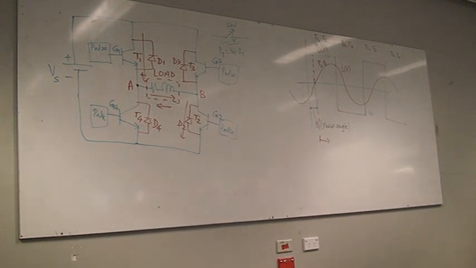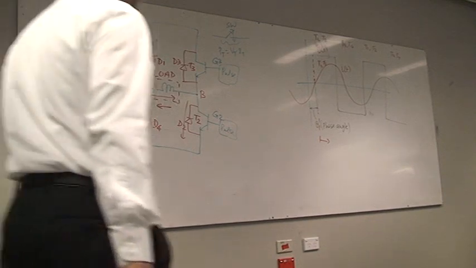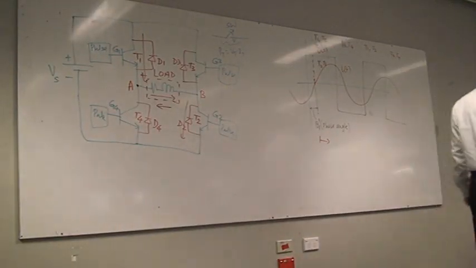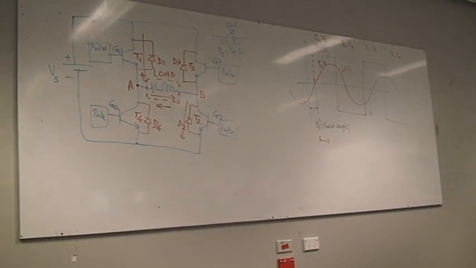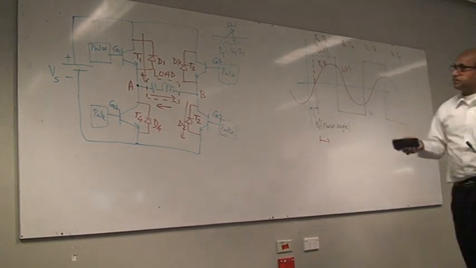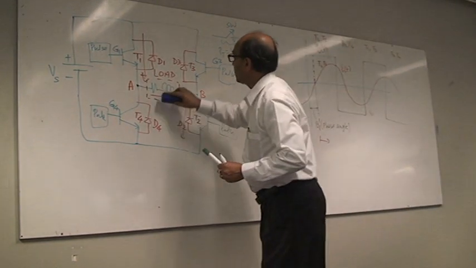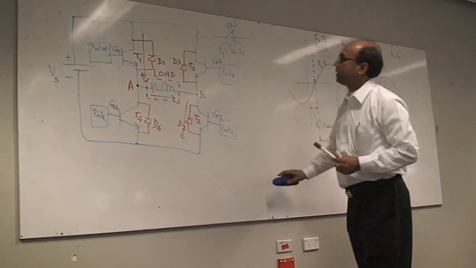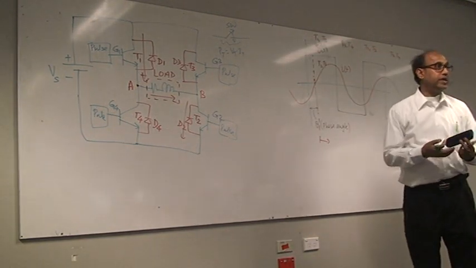The diodes. So some of the diodes will come into picture. Which diodes do you think will help you in this situation? Your current is here. Current is in these directions, and it will continue to flow in these directions.